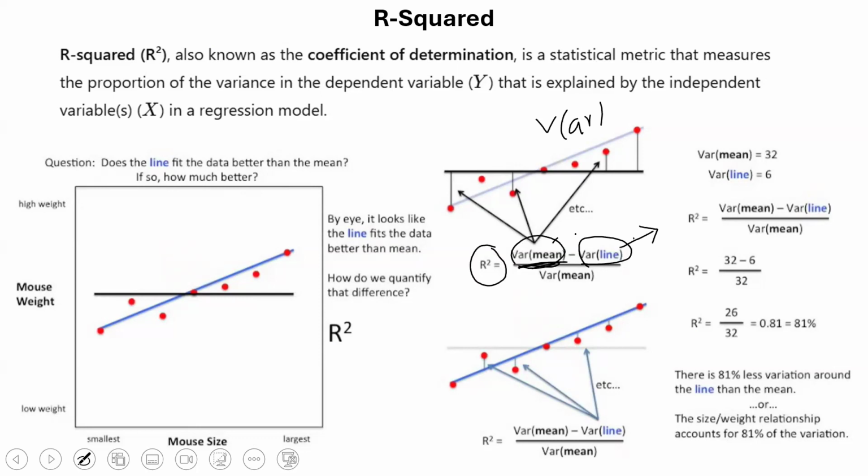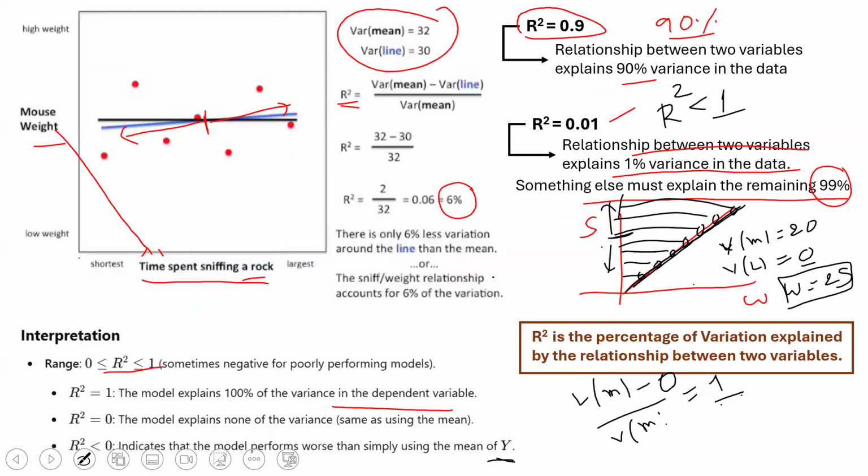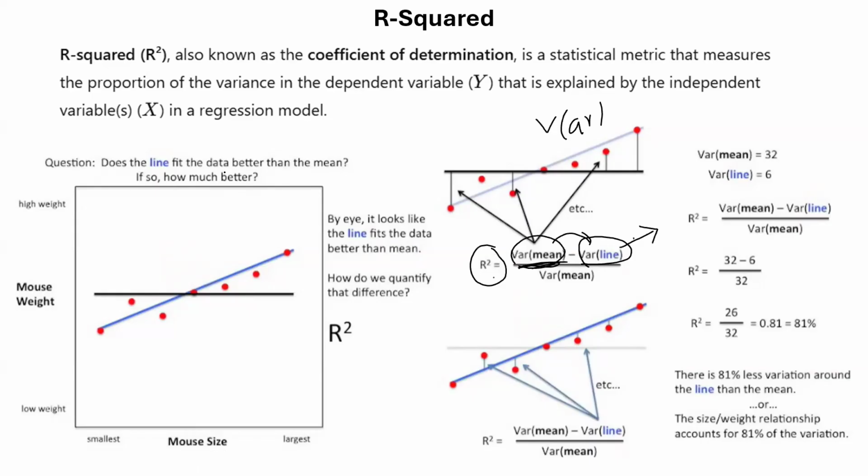This value has to be greater than this value, then only R square will be less than 1. That means this indicates the model performs worse than simply using the mean. By simply using the mean, this line is performing worse than the mean. That is the case when R square will be less than 1.